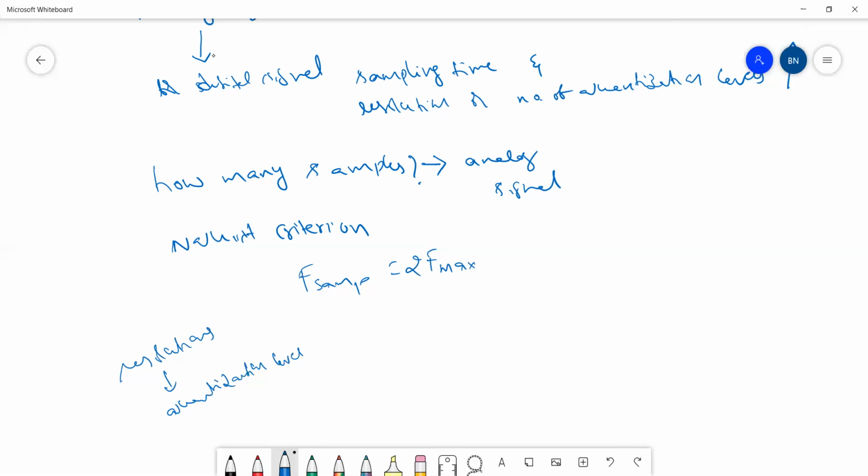So this is about analog versus discrete time signals, and how to convert an analog signal into a digital signal.